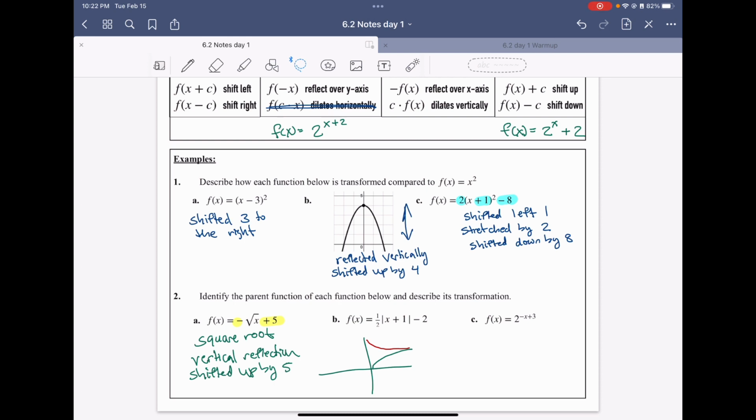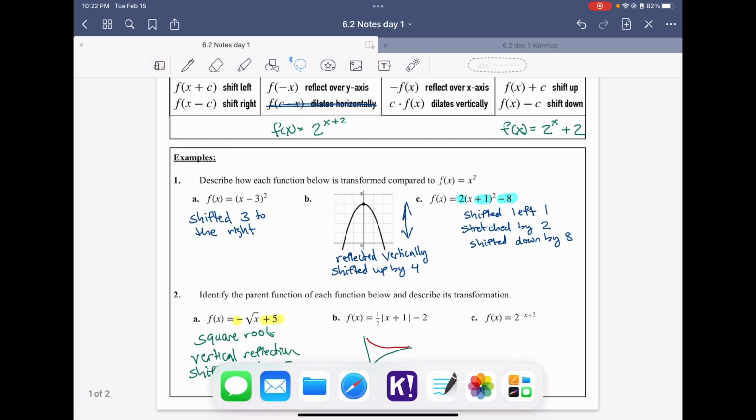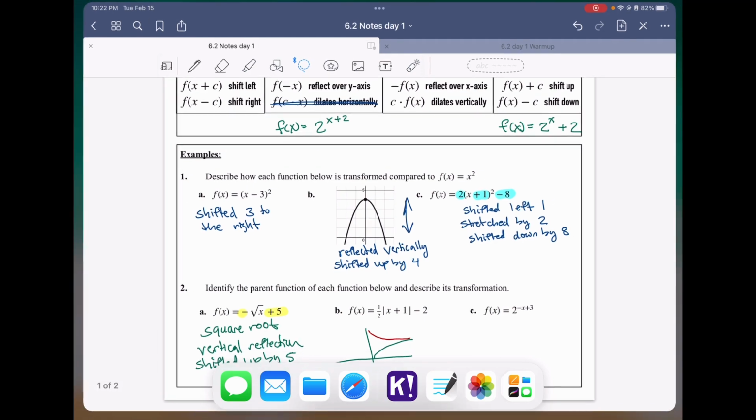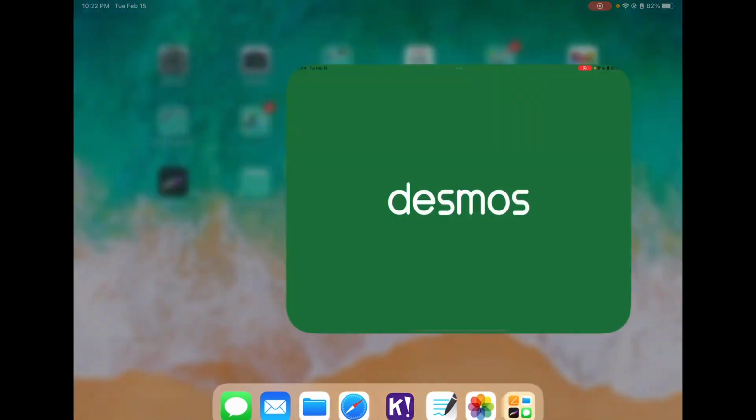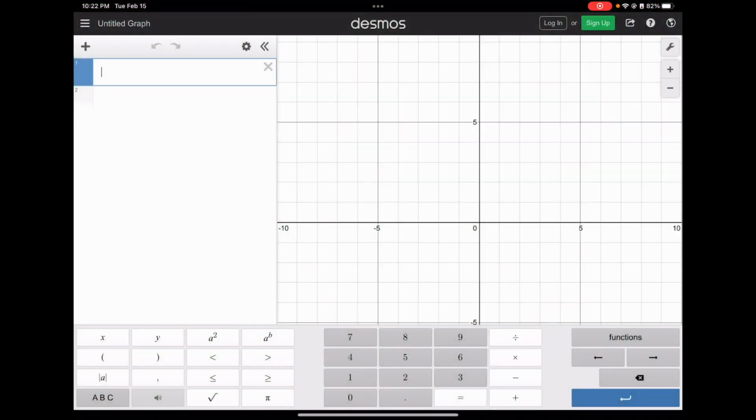And let's actually go ahead and go to Desmos and let's try that one, just because why not? Okay, so it was negative square root of x. And so you can see that was my first transformation.